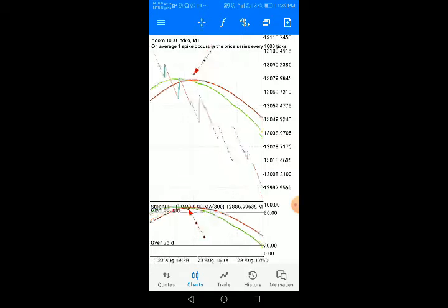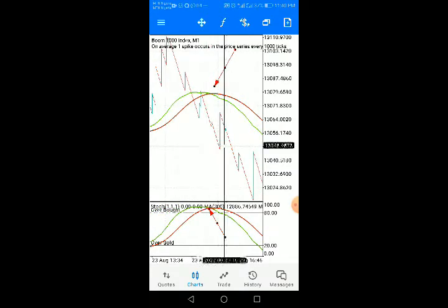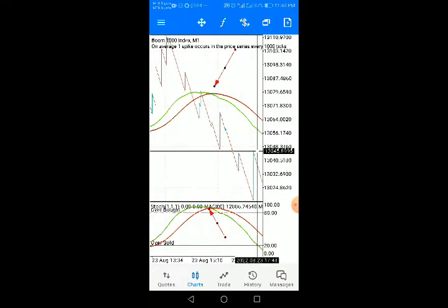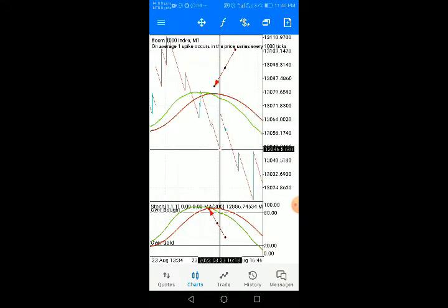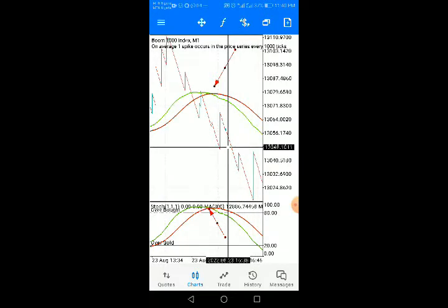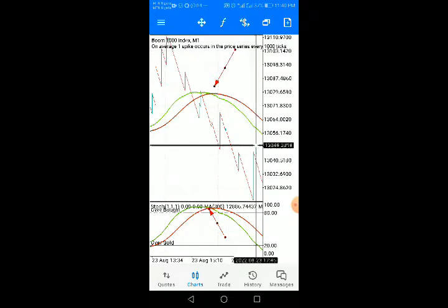Based on this strategy, the thing you have to follow is that your exit point for take profit is to look out for when the green MA touches the 20 level. That is for a sell trade. When you're in a sell trade, when the green moving average touches the level 20 at this point, that is where you're expected to get out of the market.